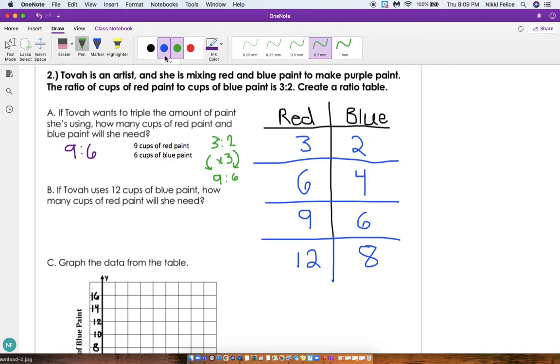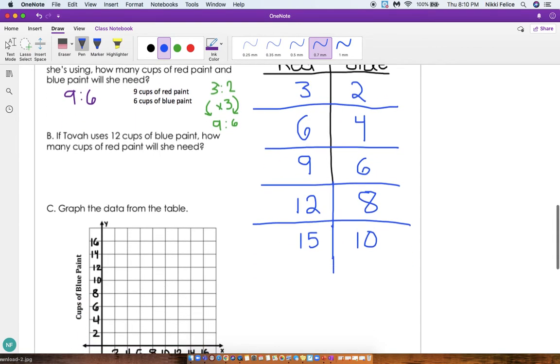So I can either continue to make my ratio table to figure out blue paint. Let's keep going. 12 cups of blue paint. Well, the next ratio in this table would be the ratio 15 to 10. Okay, we're still not at 12 cups of blue paint yet, so I've got to keep going.